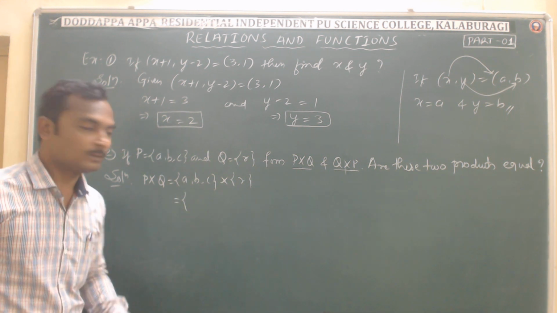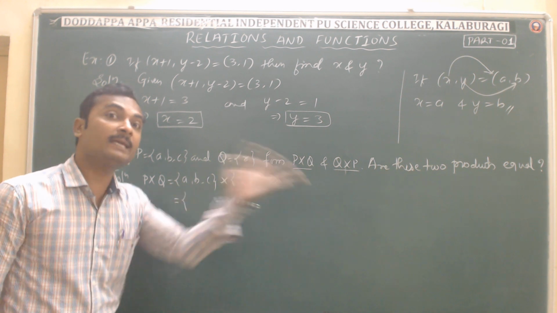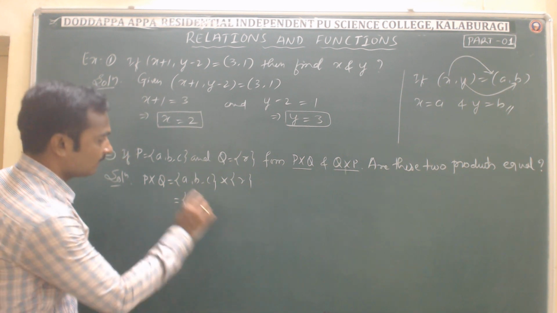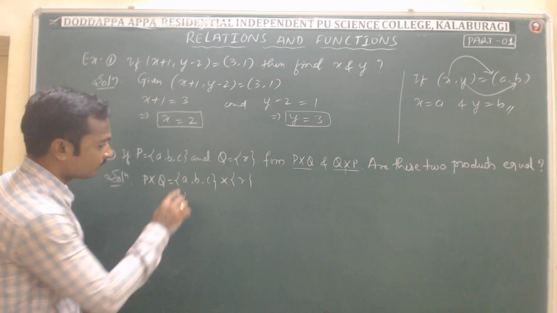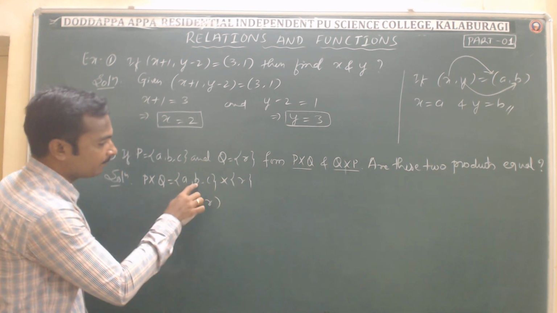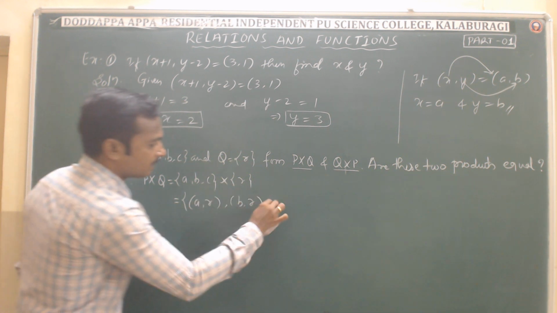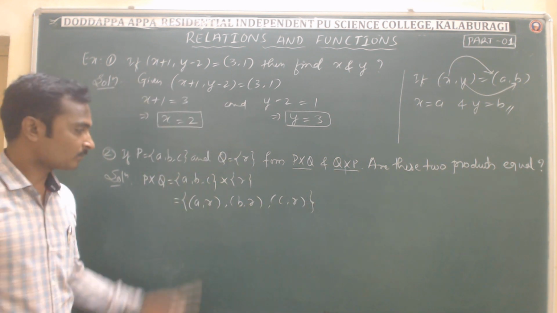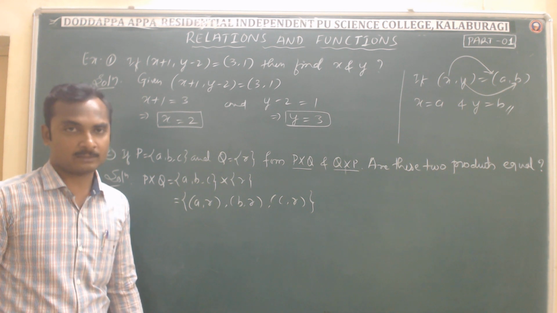As I told you, each element of the first set P relates to every element of the second set Q. Therefore, let's relate all elements of P with every element of Q. A relates R: (A, R). B relates R: (B, R). C relates R: (C, R). So that is the end of the Cartesian product. AR, BR and CR are the elements of P cross Q.